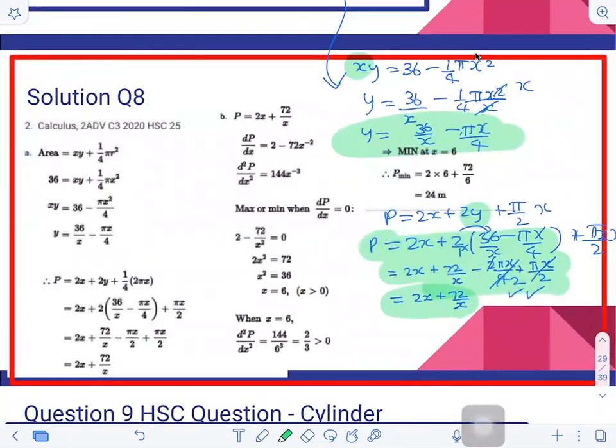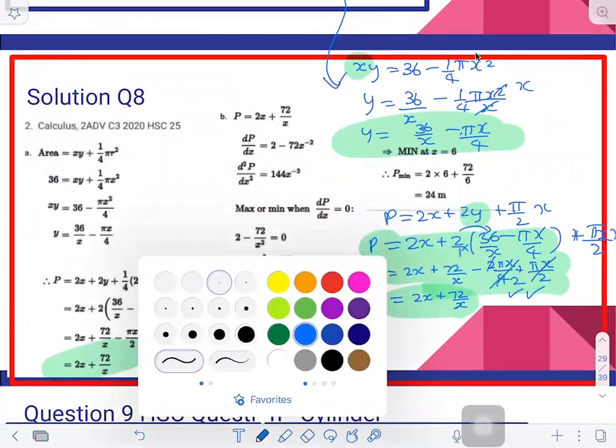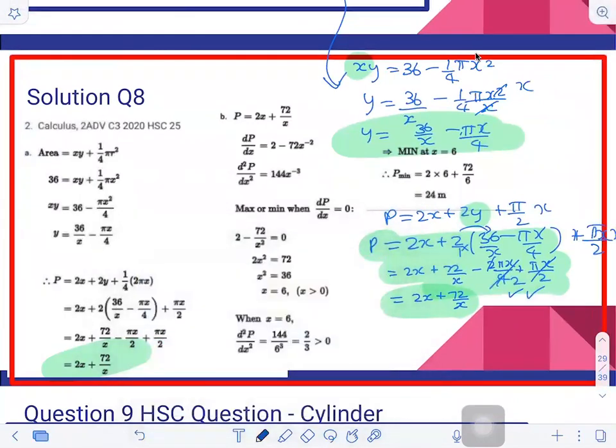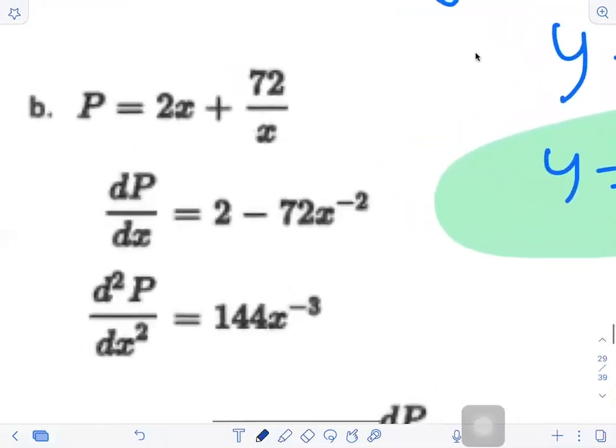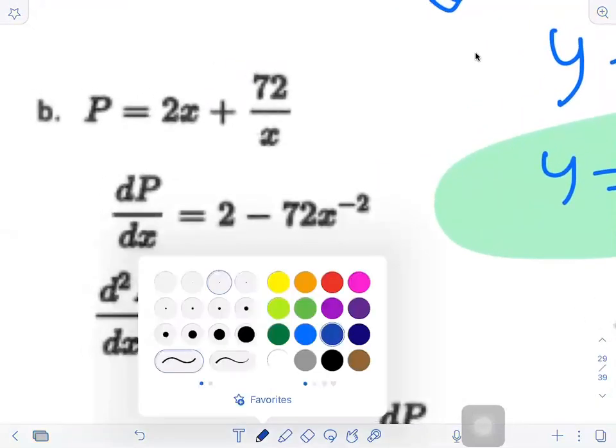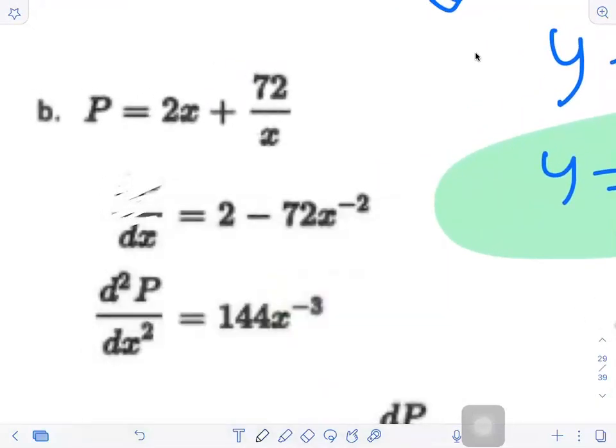Okay, now that's not where we end. That just answers this part here, part A. What we now do is we need to find out where is the maximum or minimum. So do you notice in here, what they've done here, we're finding P dash. So I'll just get rid of that part so we can do it our way.